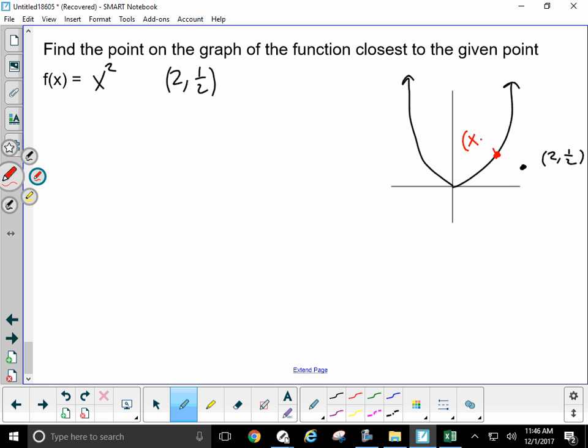Well, a random point on the function would be an x comma y, where y is x squared. That is important. The squared distance between (2, 1/2) and any random point on my function, the expression for that would be the difference in my x's squared plus the difference in my y's squared.